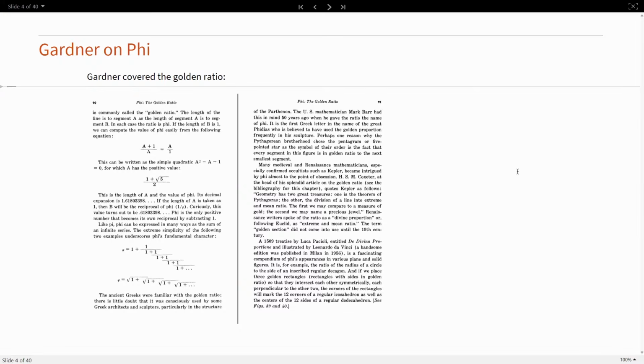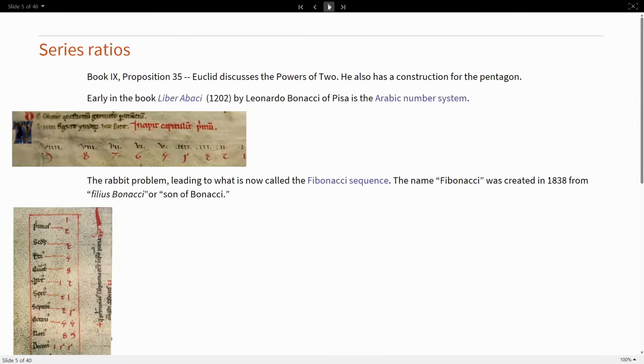So Gardner talked about the super golden ratio and the plastic constant in his later writings, but I wasn't able to track them down for this talk. One place these come up is series. The golden ratio comes out as ratios between values in the Fibonacci sequence.